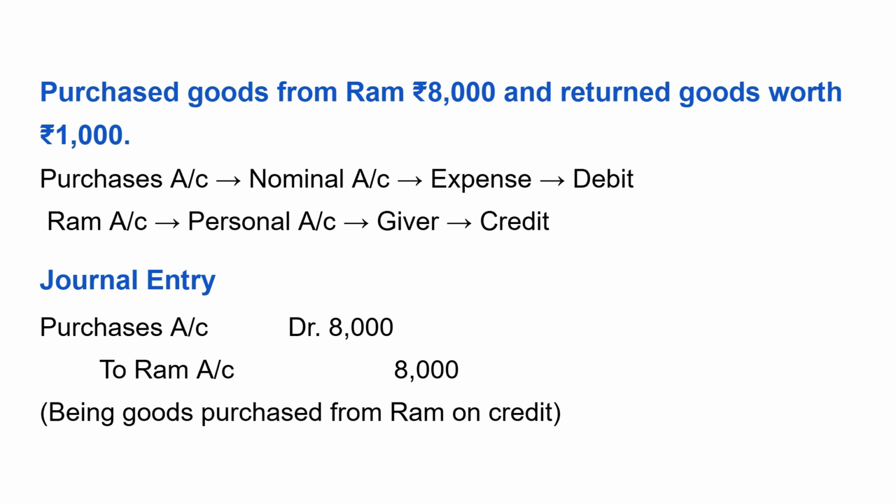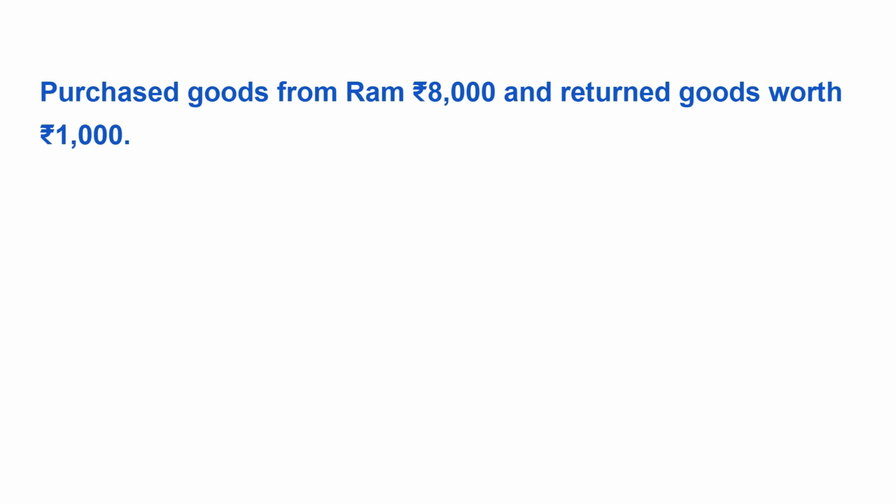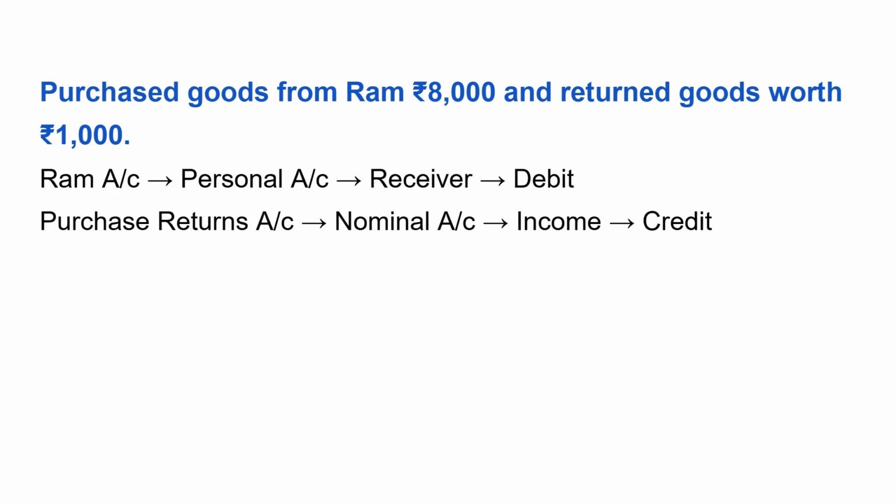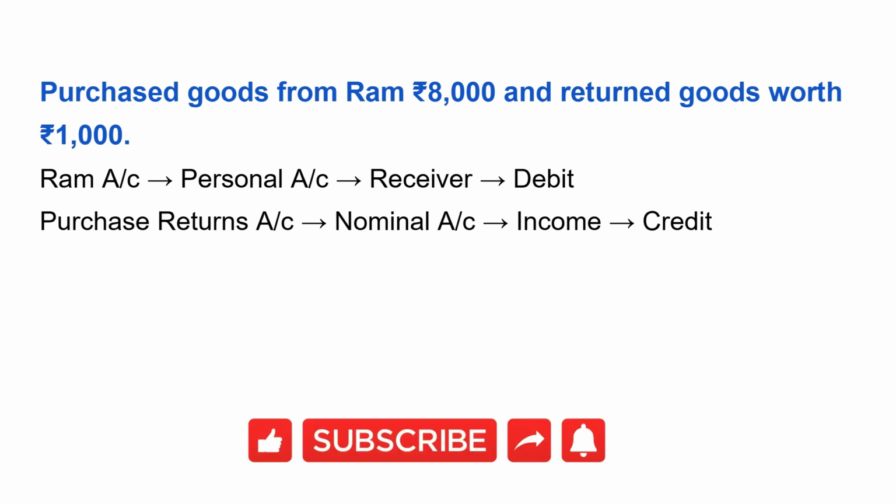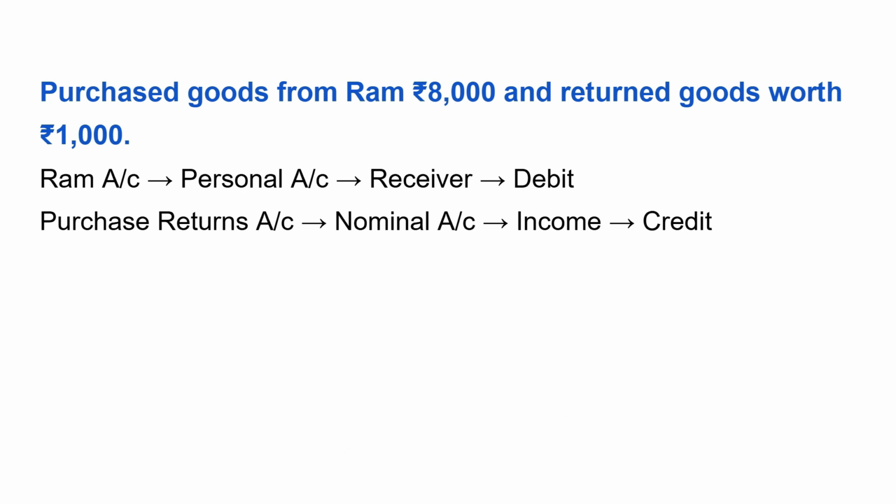And the next part is return goods worth rupees 1000. Here the two accounts affected are Ram account and purchase return account. Ram account is a personal account and Ram is the receiver of the goods, because we have purchased the goods and now we are returning it to Ram. So he is the receiver of goods, so it is debited. Purchase return is a nominal account and purchase return is income, because when we purchase the goods, we pay the money.